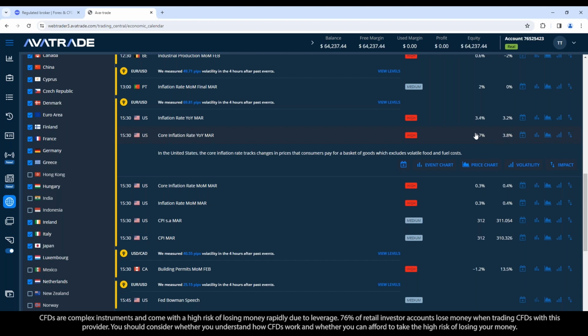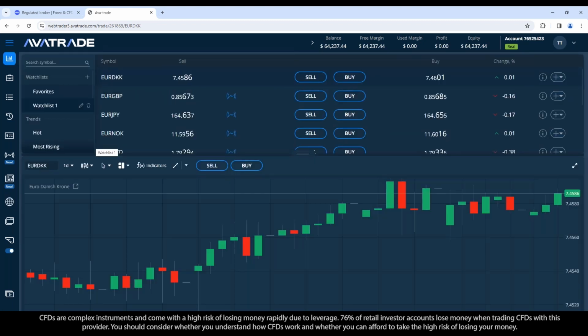So again, not great news. And if this comes in as expected or higher, we could see a continuation of some of the fear that kicked in today regarding this announcement. Okay, so very big announcement tomorrow to keep an eye on the fundamental side of things.